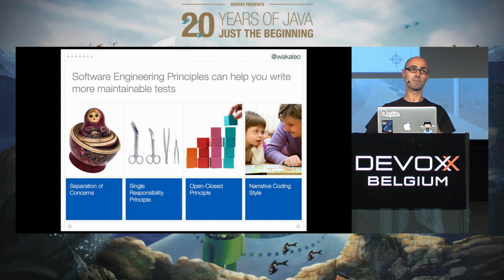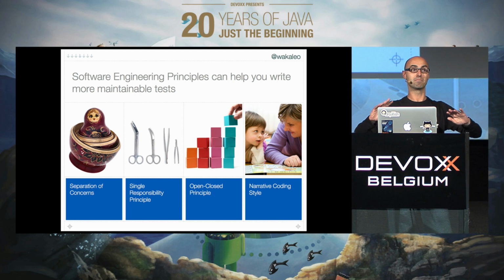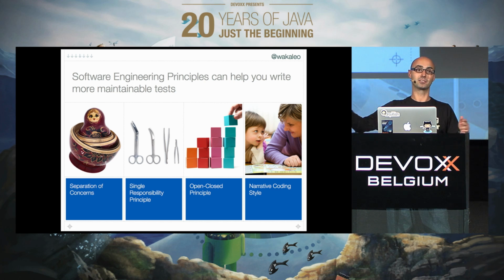Sometimes you say, I'm going to apply a lot of design principles in my business code, but then there are the tests, and you don't know why, but you relax and you start to not apply all the patterns and all the principles that you have learned in your other courses, like in university or at school. And at the end, the test becomes a really useless thing.